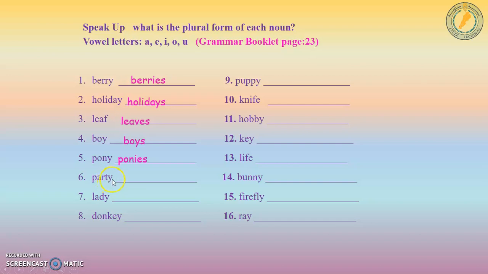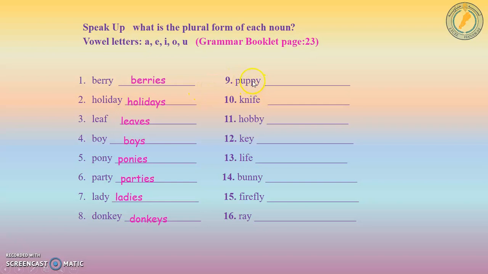Party ends with Y preceded by a consonant. Also, cross out the Y, then add IES. Lady, ladies, cross out the Y, add IES. Donkey, Y preceded by a vowel, so only S is added.